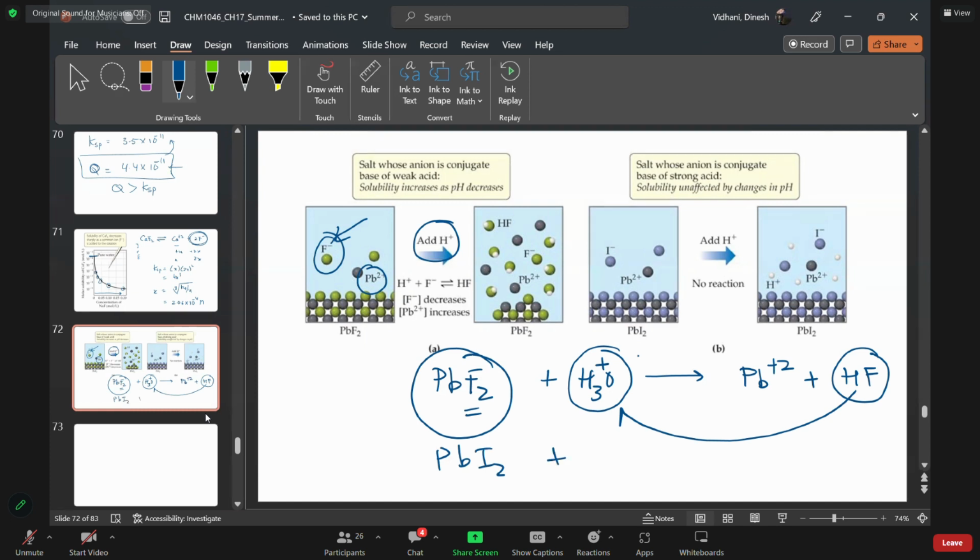That being said, how about using lead iodide, PbI2? You add acid to this. You would expect the same equilibrium. Only problem is HI is a strong acid. It wants to go back to that point. So in that case, the moment you form HI, it goes back and forms hydronium ion again.